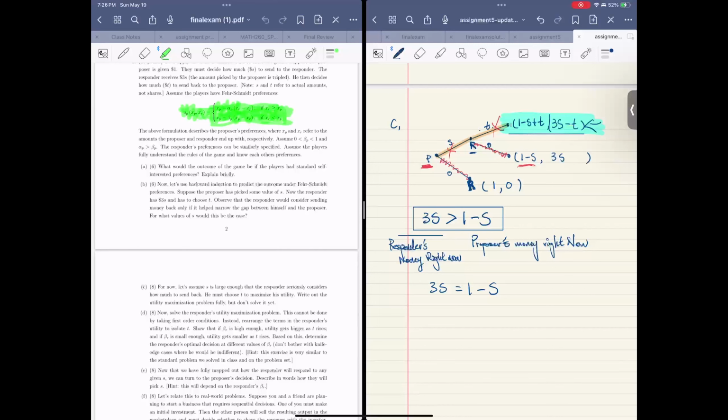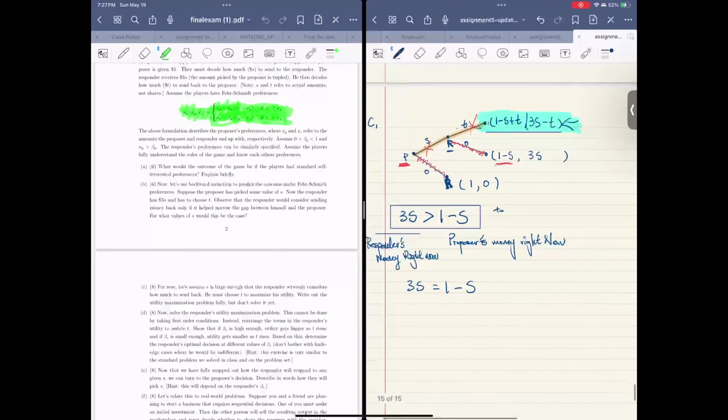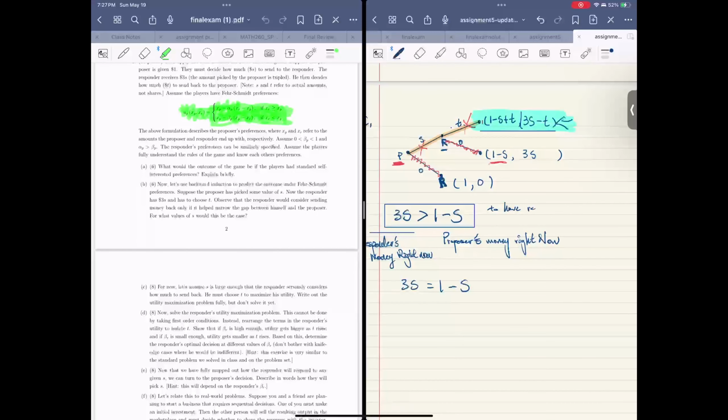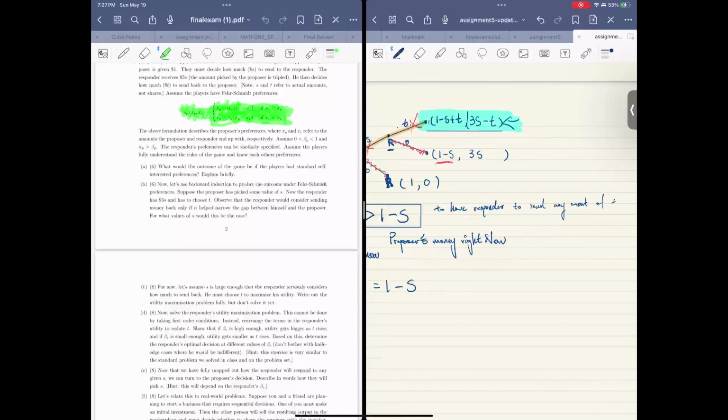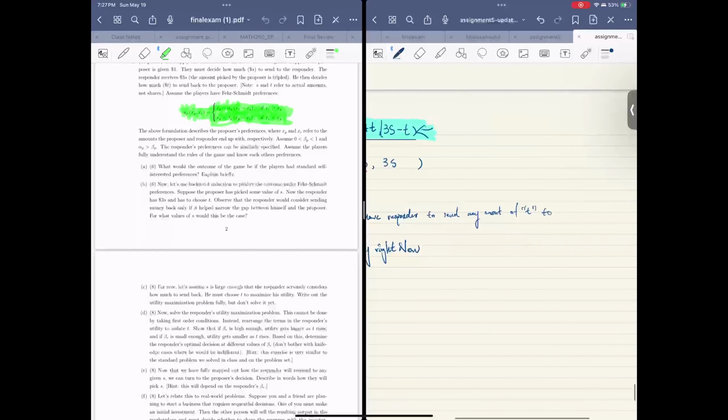If I have 101 and you have 99, or whatever, you have less money than me, so I will feel pity and send you some money, some amount of T. So this is the condition we must have for the responder to send any amount of T to the proposer.